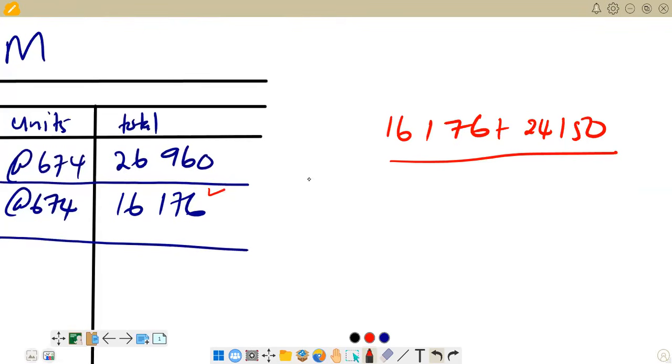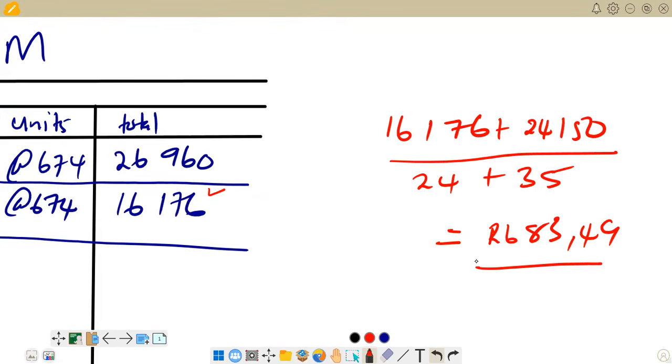Then we add to the new ones that we have received, which are 35. Then now we add and divide there. So you see that when we add 16,176 plus this one, and then we divide by the total units, we are going to get 683.49. So this is the new weighted average per unit.